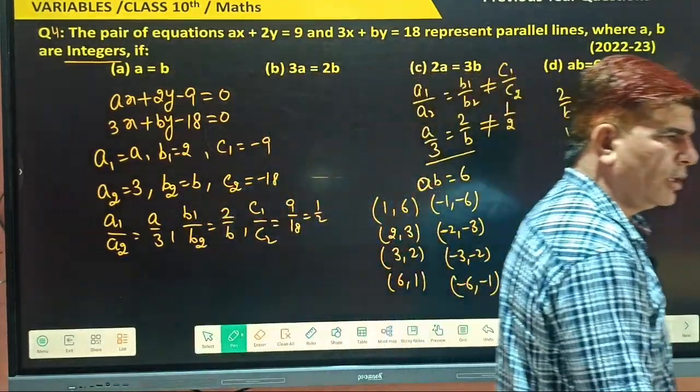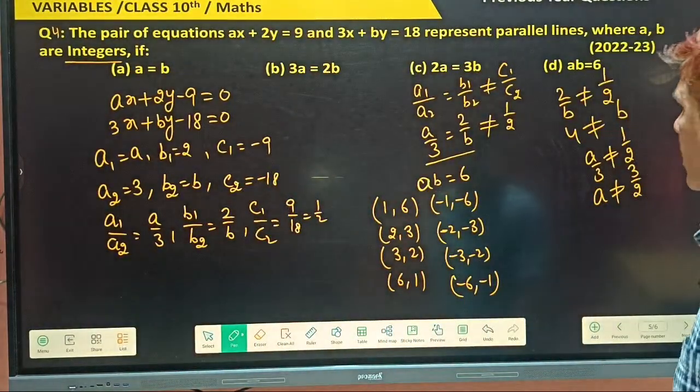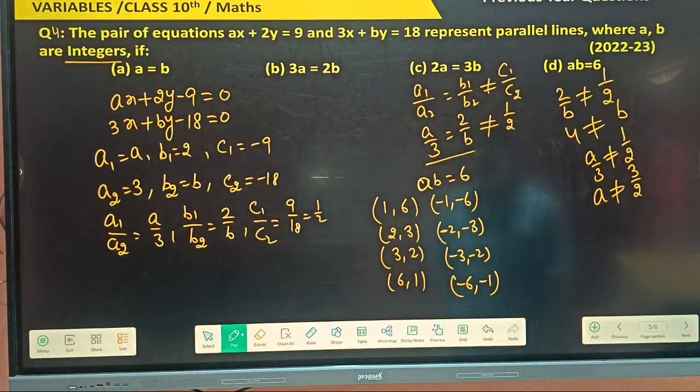Are these all equal to this? Yes or no? All are equal to this. So what's its meaning? What's it becoming?